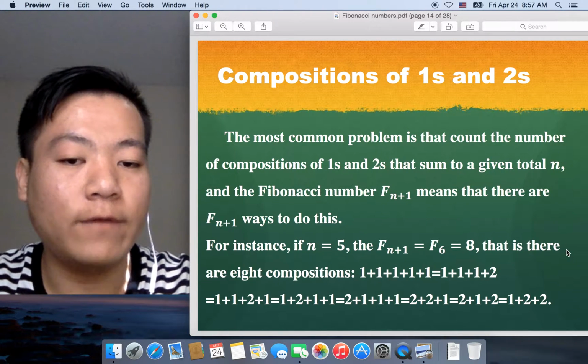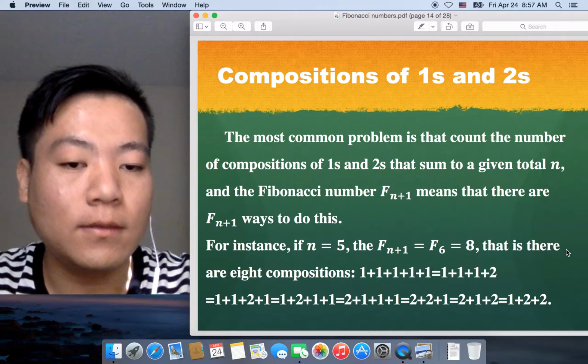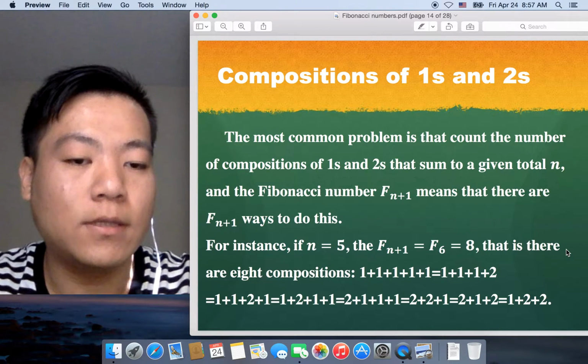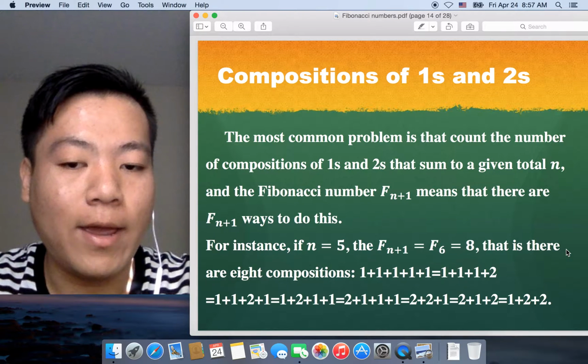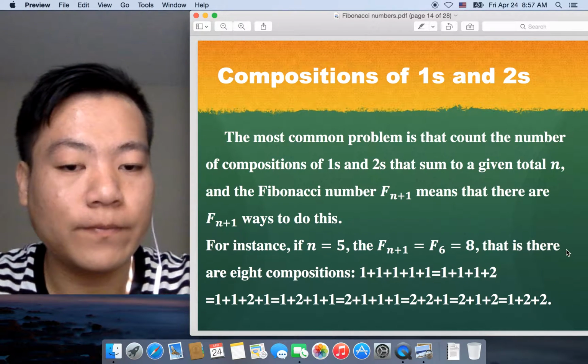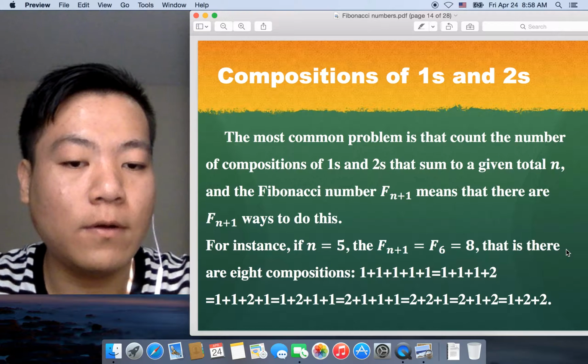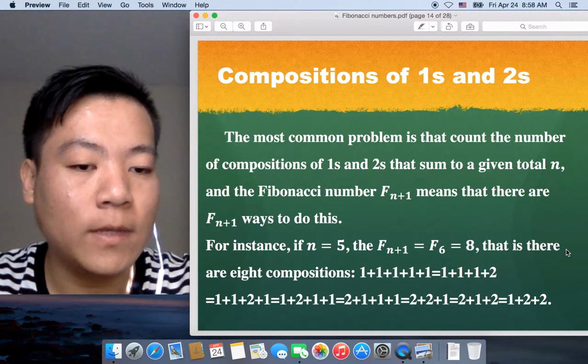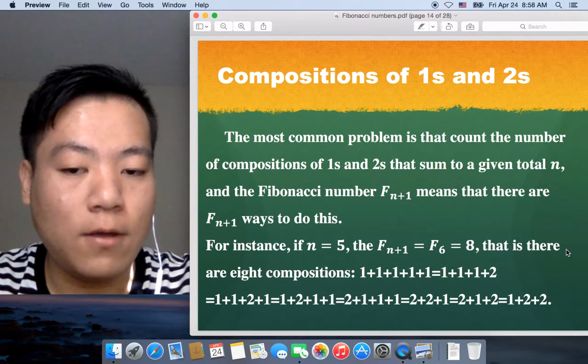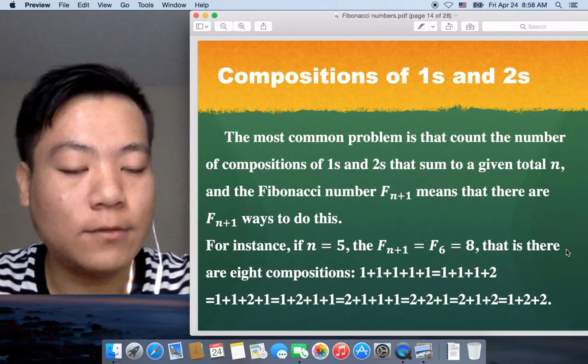For instance, if n equals 5, Fn plus 1 is F6, which equals 8, that is, there are 8 compositions. For example, 5 ones, 3 ones plus 2, 1 plus 1 plus 2 plus 1, and so on.